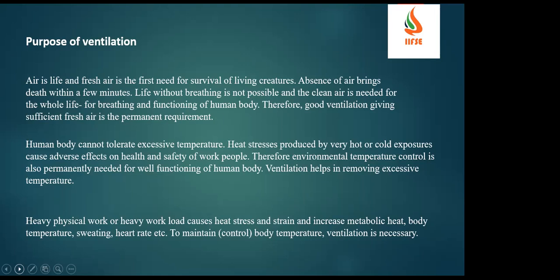We are not talking about a household, or about sitting in a well ventilated area. We are talking about an industry condition or a workplace. There we need a continuous supply of sufficient fresh air. There is a word called sufficient.